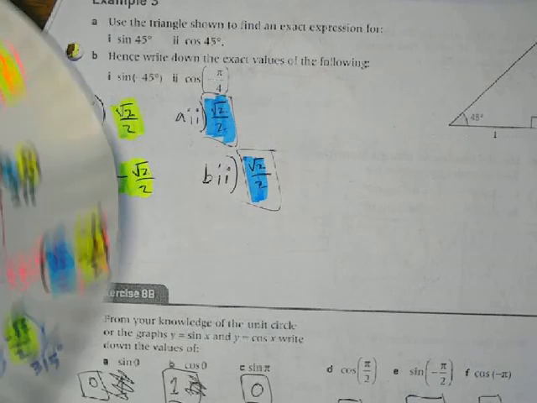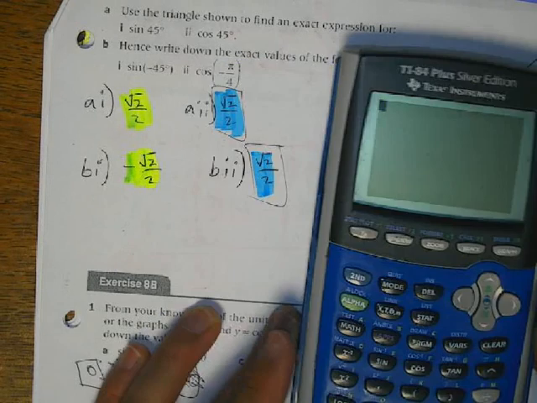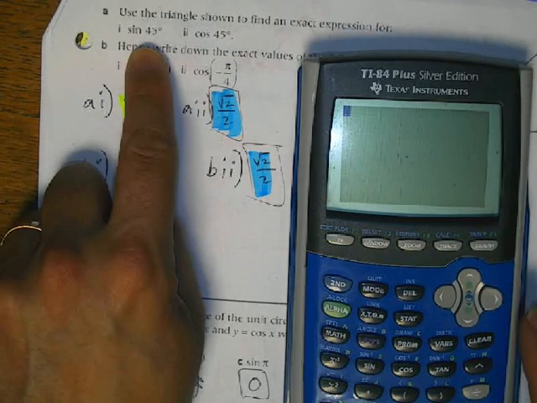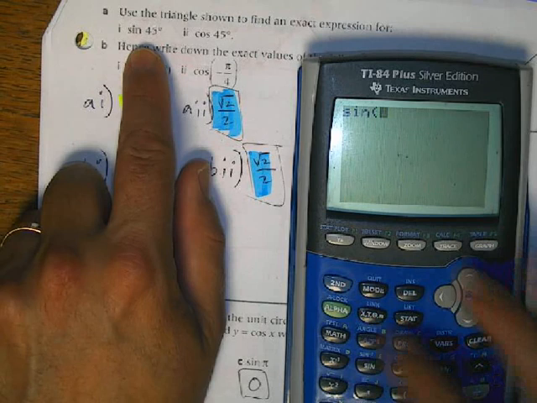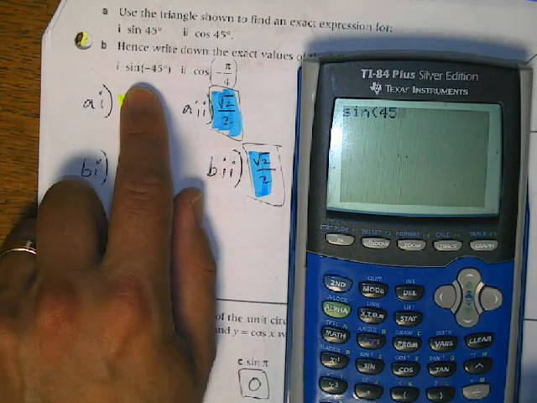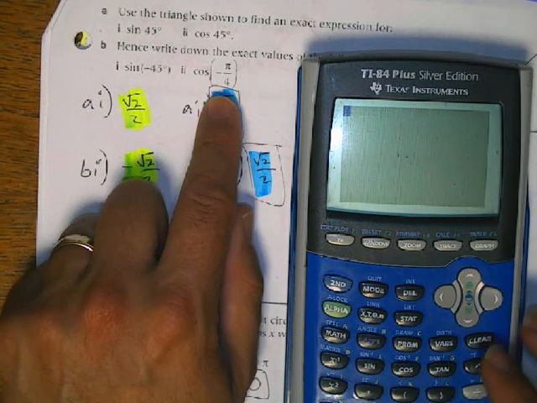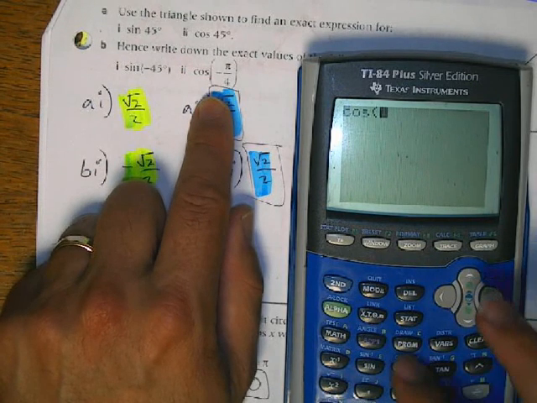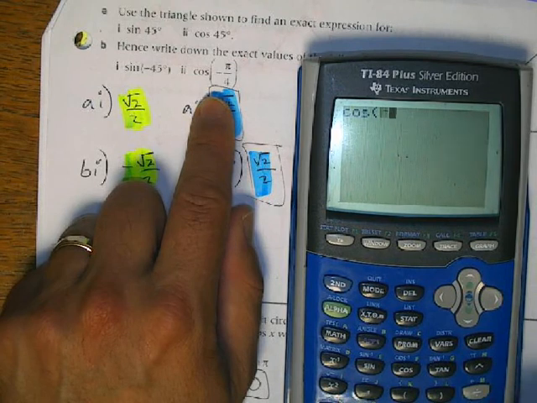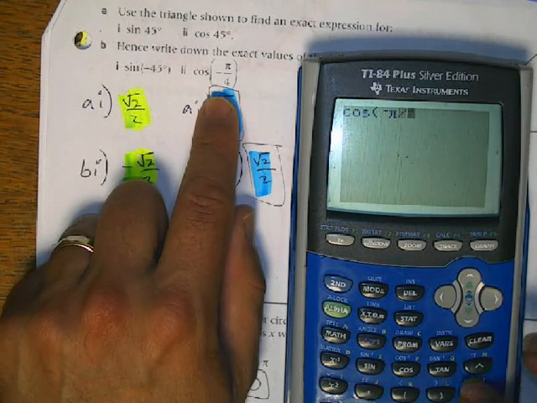And just for kicks, I want to show you, I'm just going to type in sine 45 just for fun. Sine 45 degrees. Oh, wait. We're going to do this in radians. Here. Cosine negative pi divided by 2.